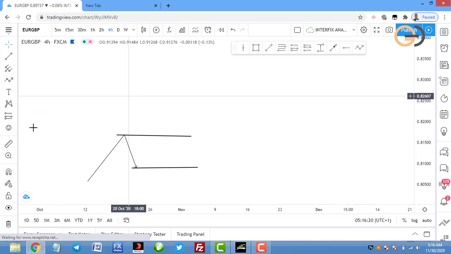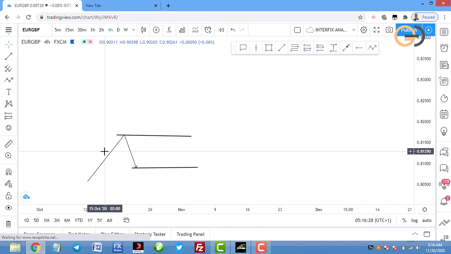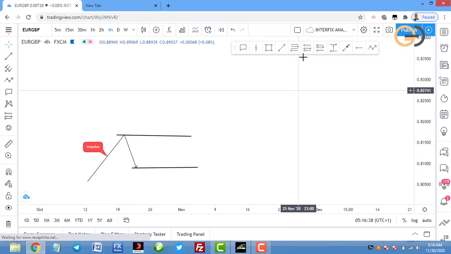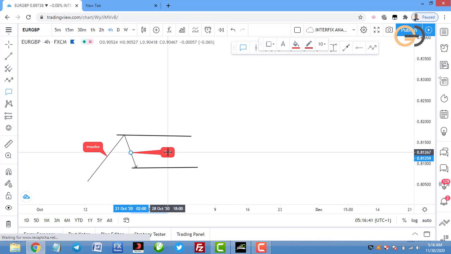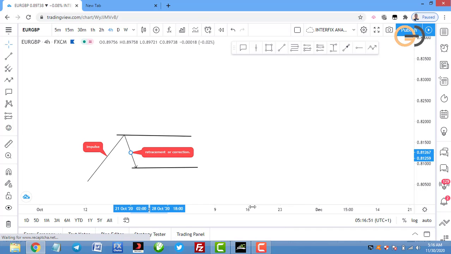Let me write it out so that you can get it very clear. It's called an impulse move. The market pushes up, and then when the market comes back down, you can call it a retracement, or you can call it a correction, because the market doesn't move in a straight line.